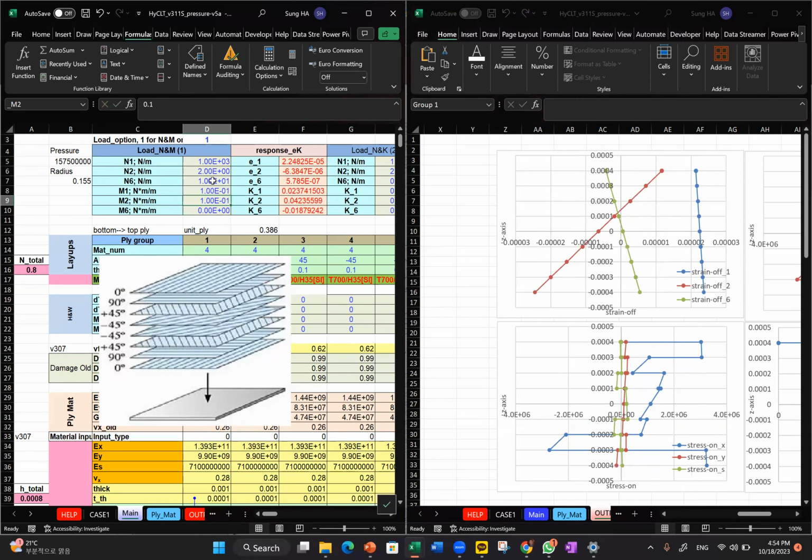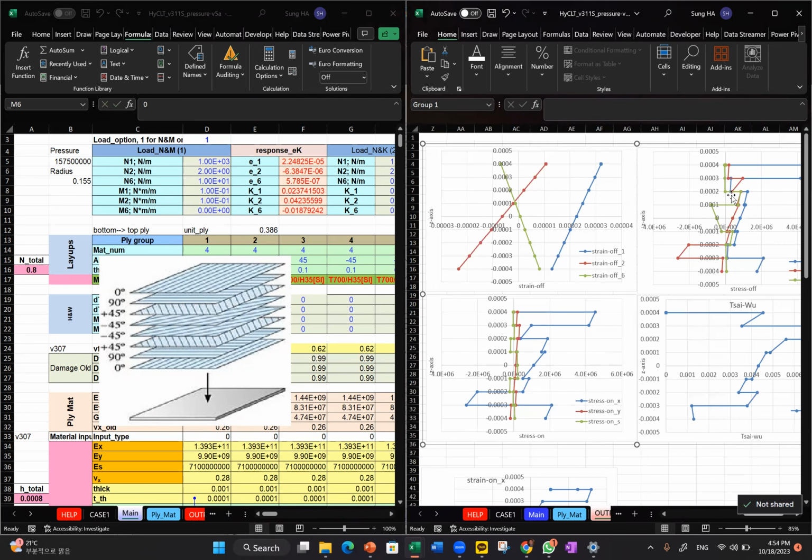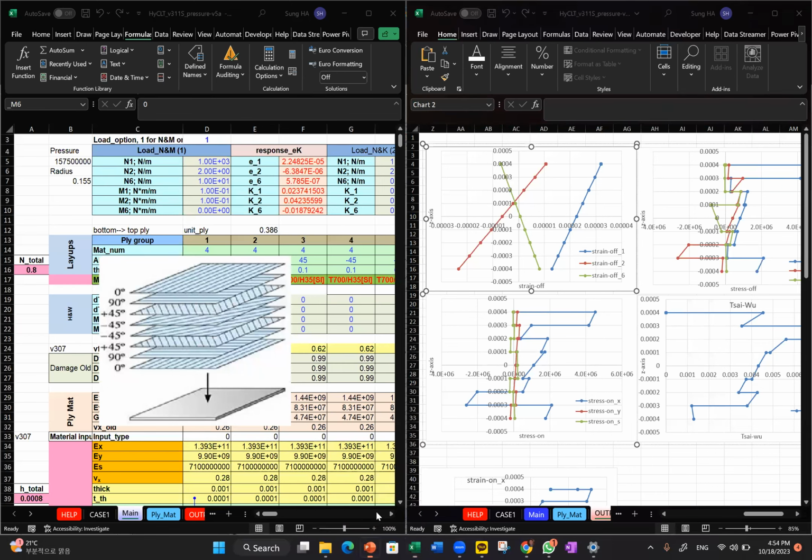Even here, any bending, any twisting, whatever, gives us all the strain variations and also stress variation through the thickness, off-axis and on-axis. You can see how complicated it can be. But no matter what layup sequence, angle, and material property we choose, the strain is always linear. That is a very important observation.